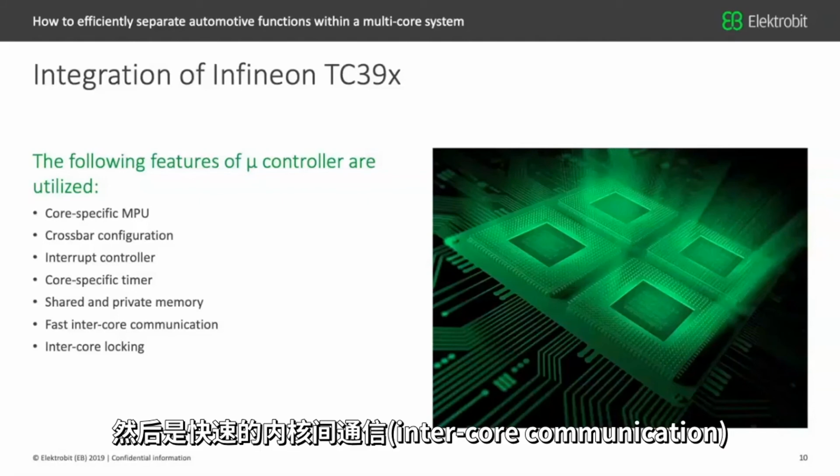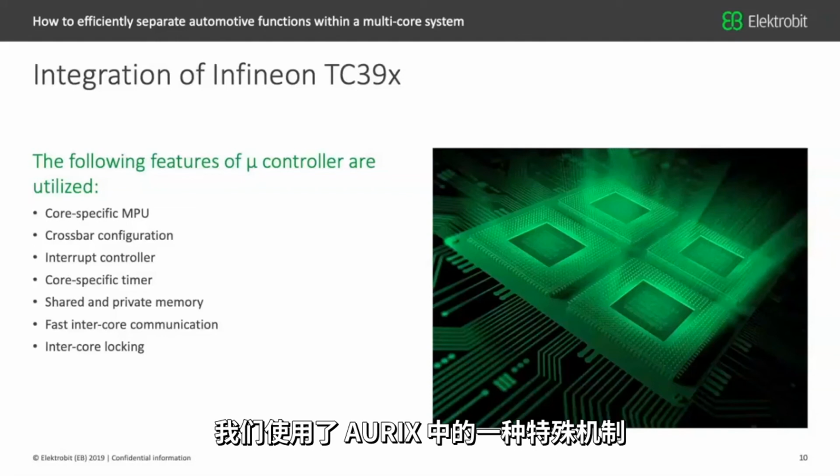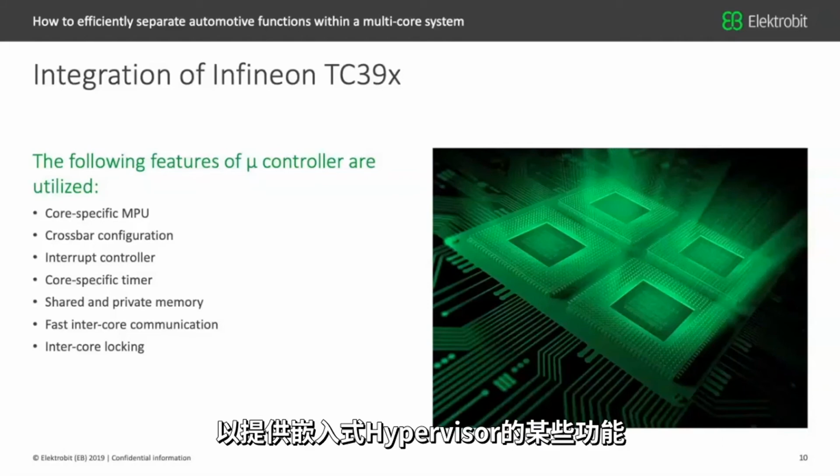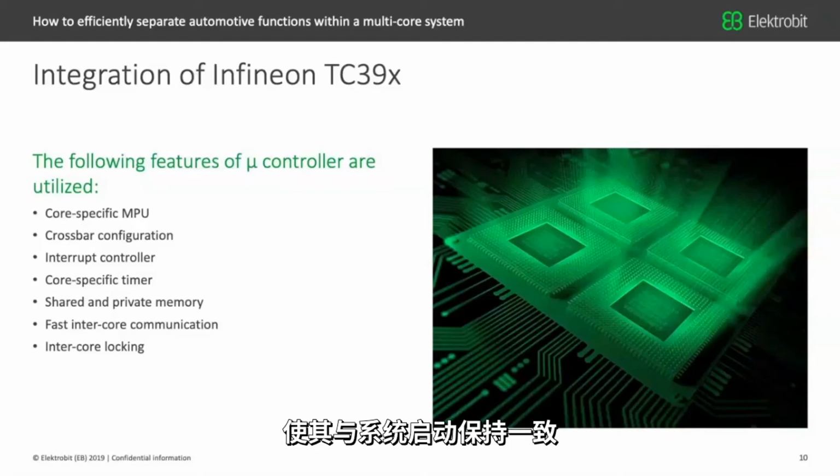Then the fast intercore communication: here we make use of a special mechanism within the Aurix, and the intercore locking mechanism, which is also available on the Aurix, to provide certain features of the embedded hypervisor and also to align the startup of the system. So actually there is a synchronized startup within the ECU, so that all partitions or all virtual ECUs start at the same time.